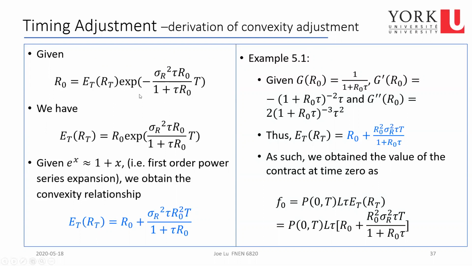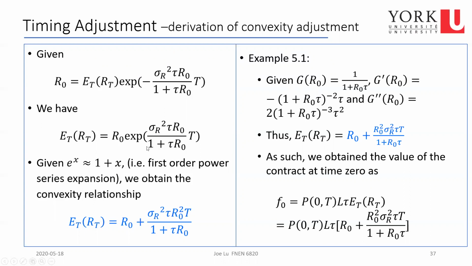So we dropped the negative sign there. And we know e to the power x is approximately equal to 1 plus x. Okay, so that's a first order approximation. So this thing times that is equal to this thing times 1 plus what's in the bracket.